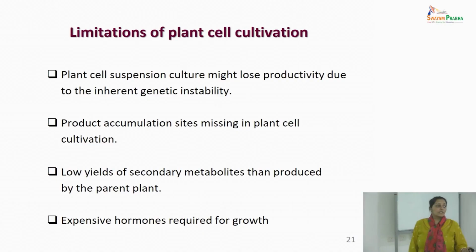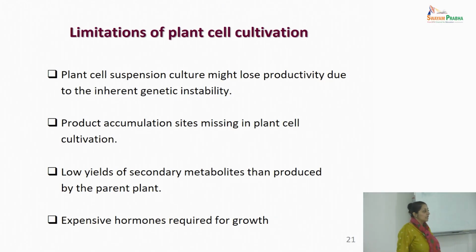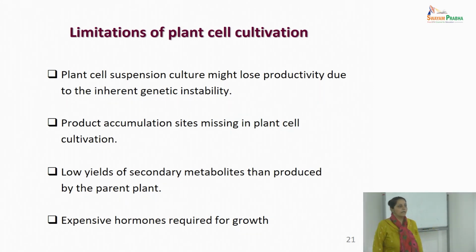Product accumulation. Cell suspensions, as Professor Nathalie also hinted, are compartmentalized, sometimes with different tissues for the biosynthetic pathway. You may end up in a scenario where your cell suspension is not showing you any product. It is undetectable. Yields of secondary metabolites are low compared to those produced by the parent plants, most of the time.